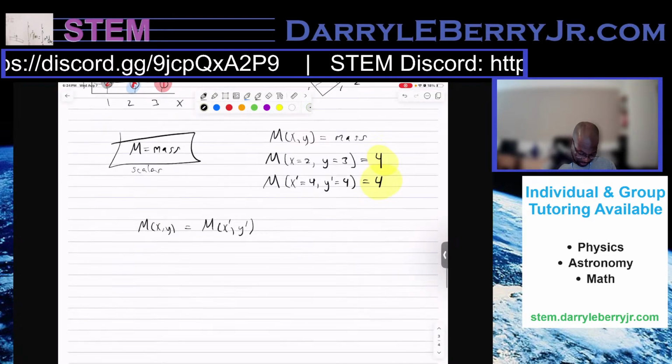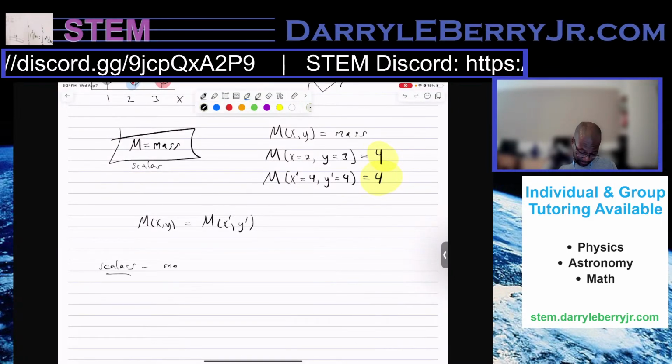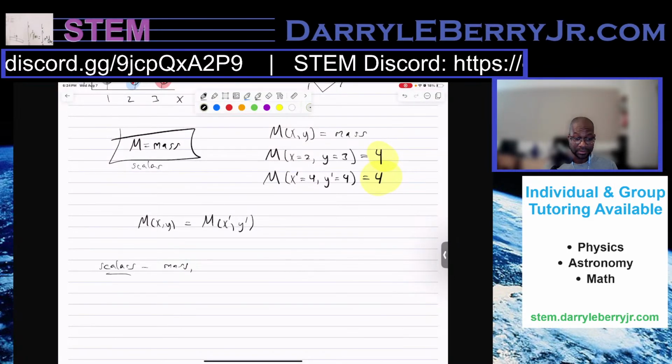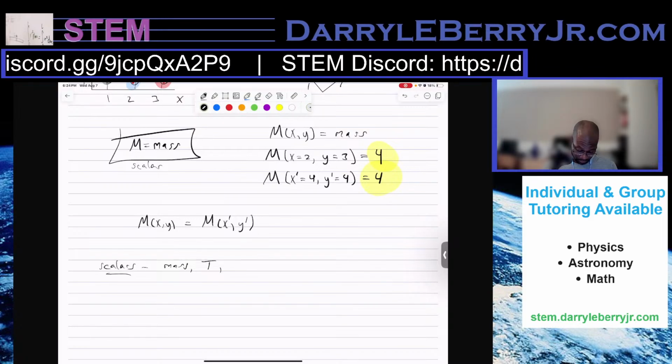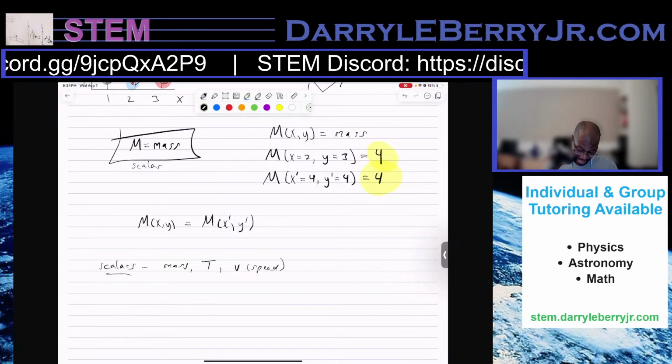So scalars include mass, temperature, v, which is speed, no arrow at the top.